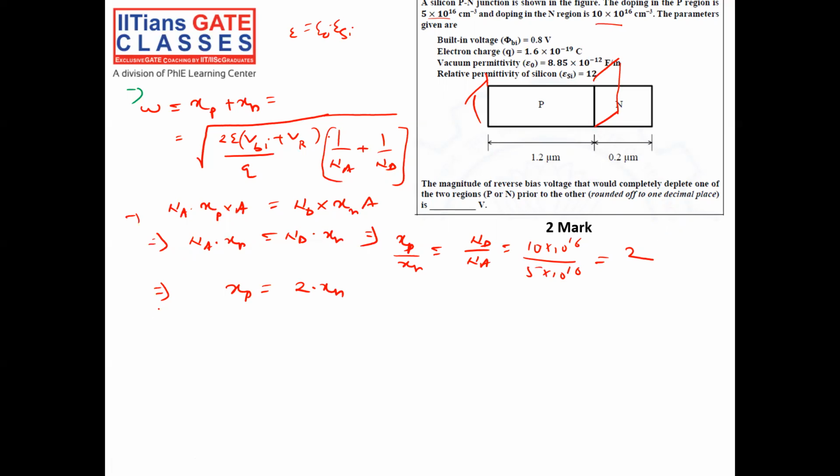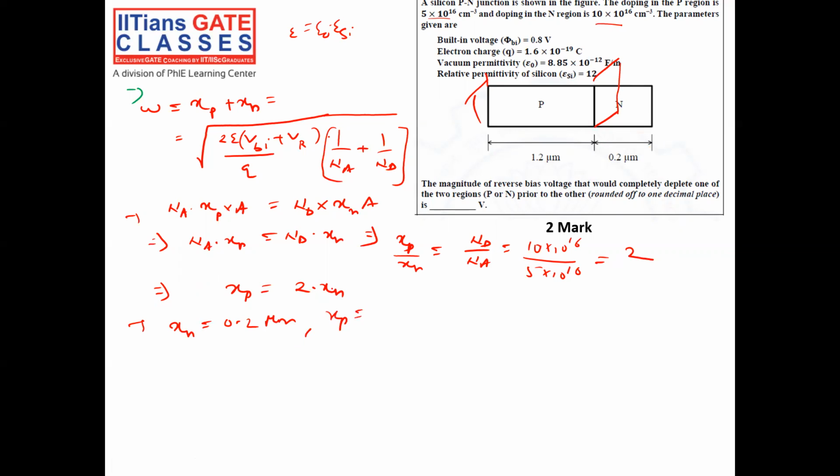Right. So in this case, we will see which will deplete first. Let the N side deplete first. What will happen? Then Xn will be equal to 0.2 micrometer. In that case, what will be XP?